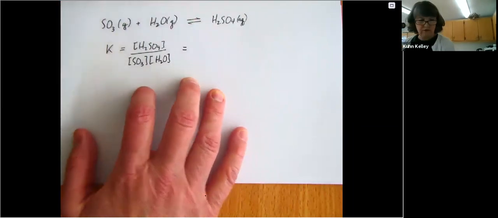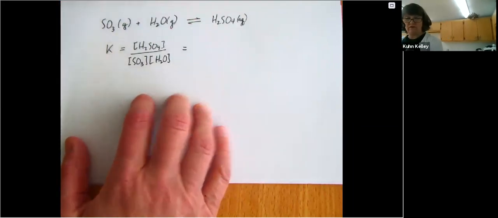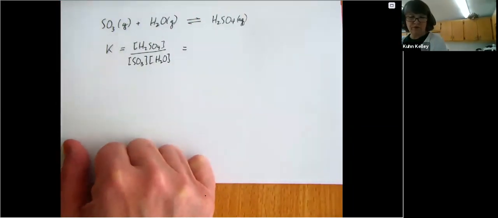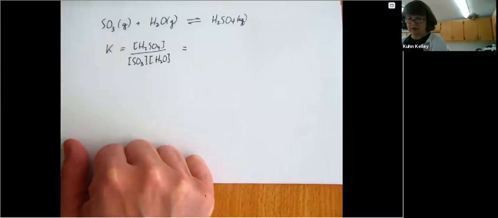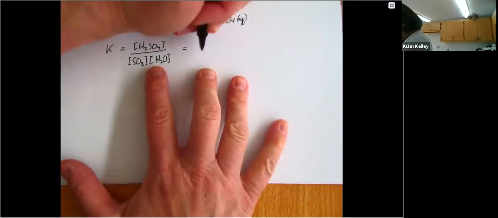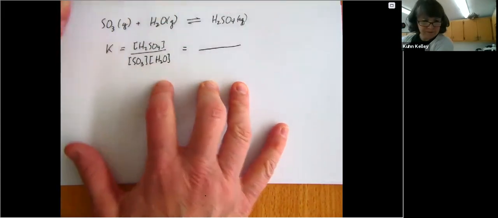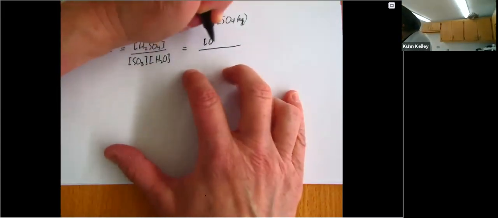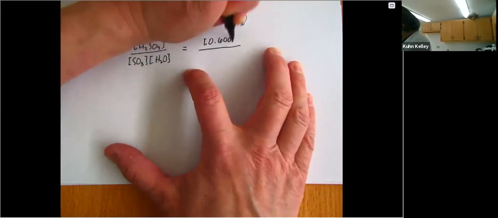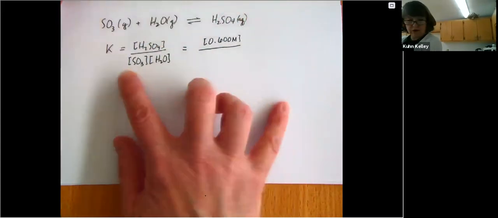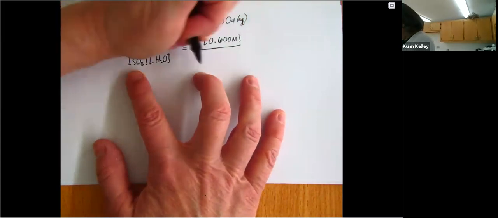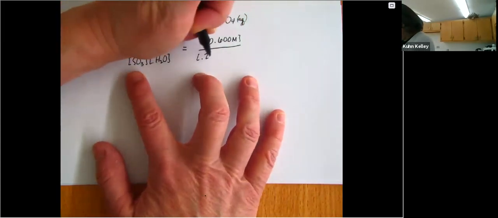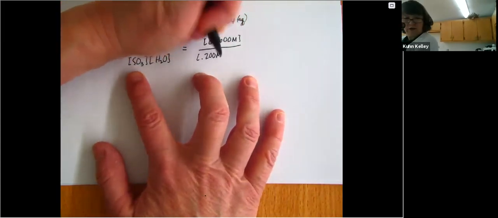And all we have to do is, since we're asking for the value of the equilibrium constant, plug in those equilibrium concentrations that were provided. For H2SO4, we're told that the equilibrium concentration is 0.600 molar. For the sulfur trioxide, it's 0.200 molar.